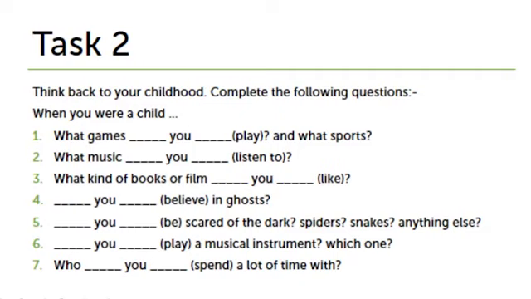So we will do number 1 together. What games you play and what sports? So here you could say, what games did you play and what sports? Or more naturally, what games did you used to play and what sports when you were a child?